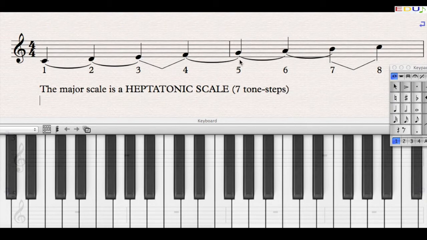You see that the major scale is made from 5 whole tone steps and 2 semitone steps.